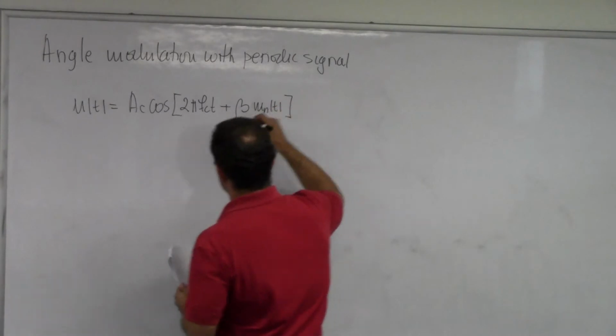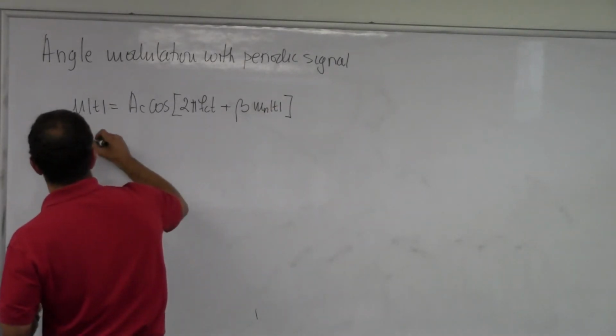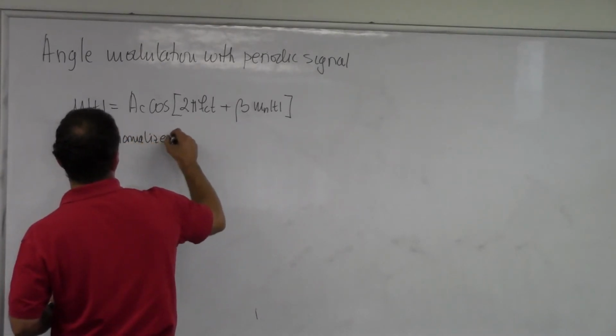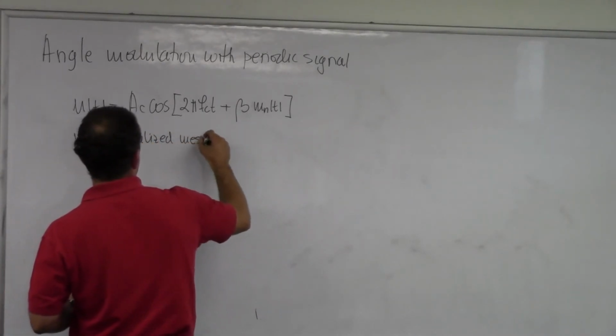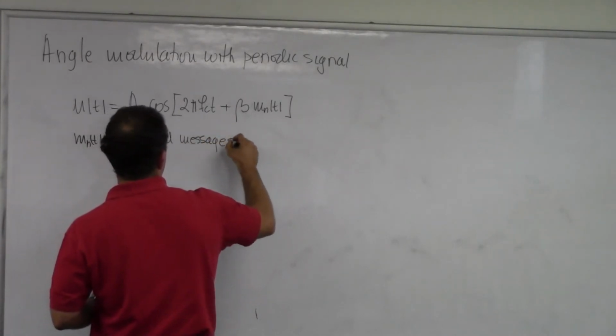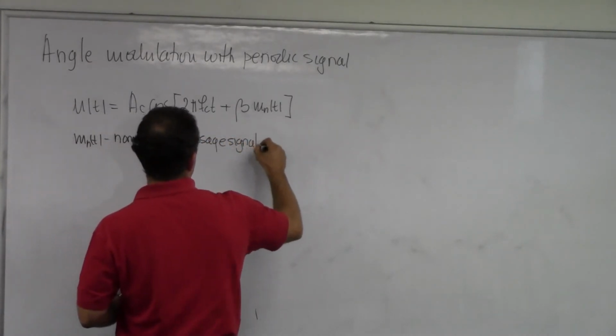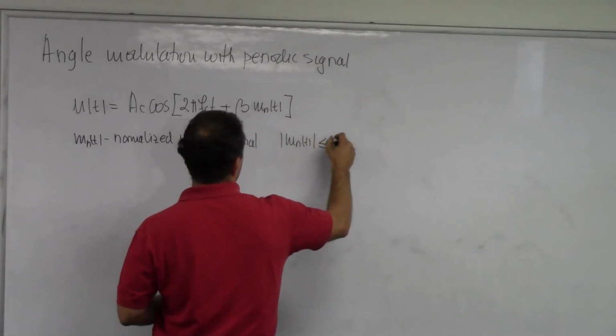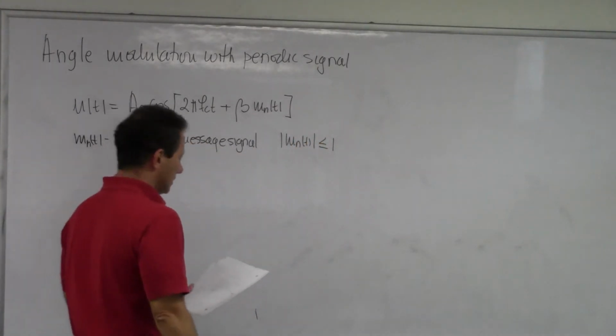Mn of t, this n here means normalized message signal. In other words, the magnitude of mn of t is smaller or equal to 1.